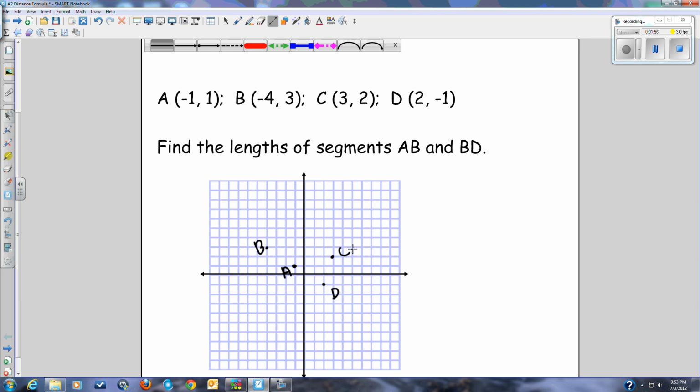And we can draw these segments in if you'd like. Kind of looks like these line up on the same line, doesn't it? So we'll see.